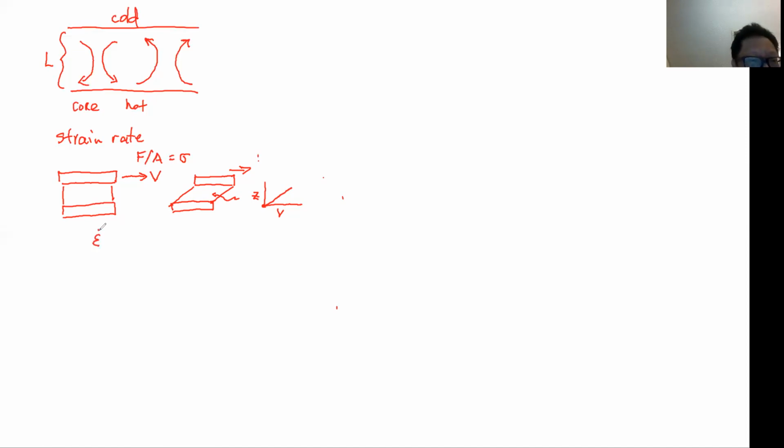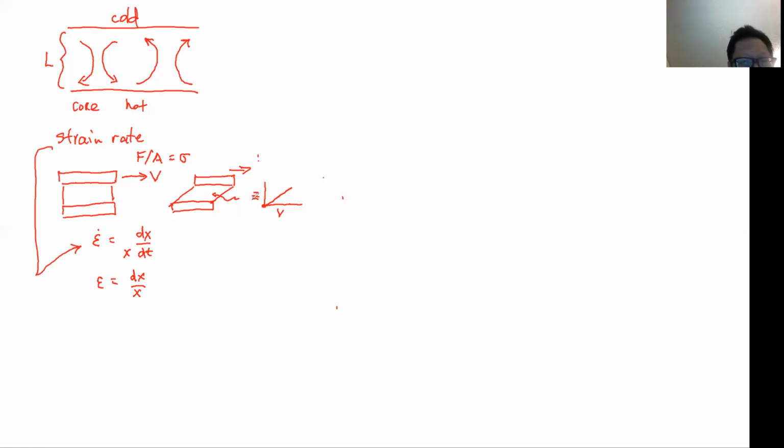And so we define strain rate as something that's called this. It's epsilon with a dot on the top, which is actually dx dt, which is a velocity, divided by x. Now, epsilon by itself is dx over x. That would be the percentage change in distance. And when I take the time differential, then we have the change per unit time, and we put a dot over the epsilon right there to tell you that that is the strain rate.